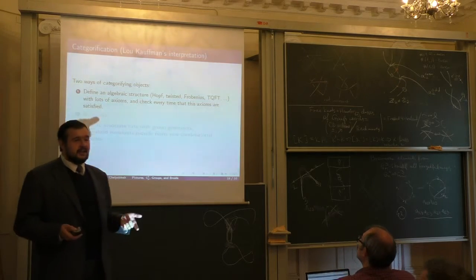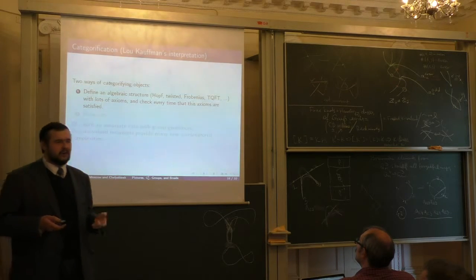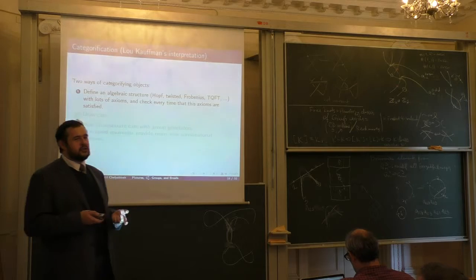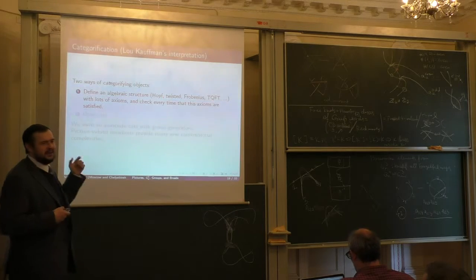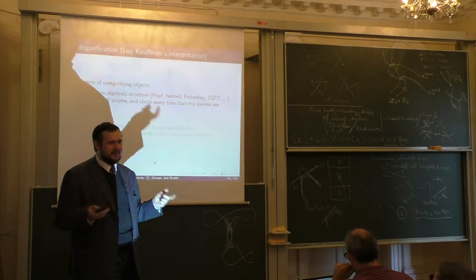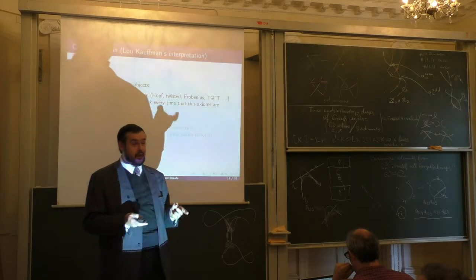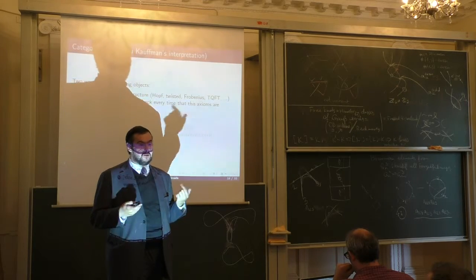But in order to get homology or quantum invariants or whatever, one usually does as follows. One takes some axioms of Hopf algebra, twisted algebra, Frobenius, TQFT, lots of axioms, writes several pages of definitions, and checks whether they work and whether they are consistent, and whether we can do something.